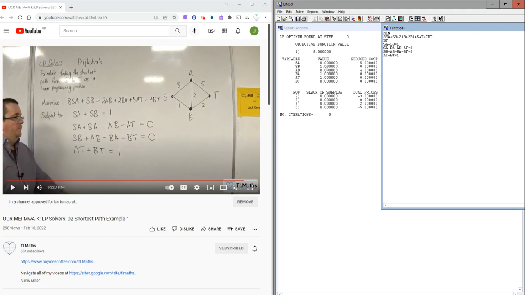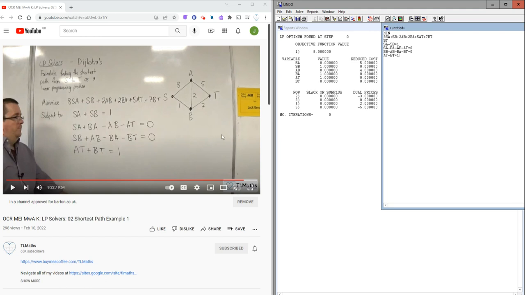Whereas if I force AB to be included, then it increases the total by 4, so the minimum would then be 12. How can I get 12 from this? It would have to go SB, which is 1, BA, which is 2. That's got me up to 3. Then AB is another 2, which gets me up to 5, and then plus 7 gets me to 12.